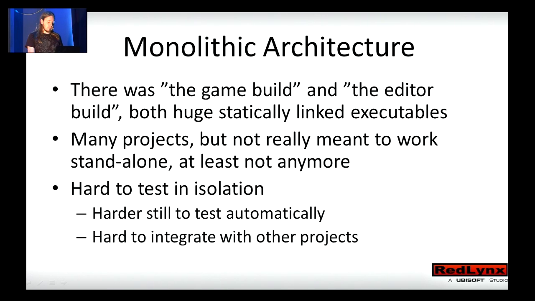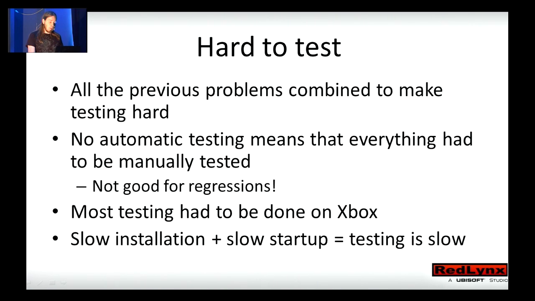So that was a really big problem. So basically, we didn't have any automated testing. We had a few cases for some isolated libraries, but we didn't have automated unit testing for everything in the code base. So that caused some problems, of course.